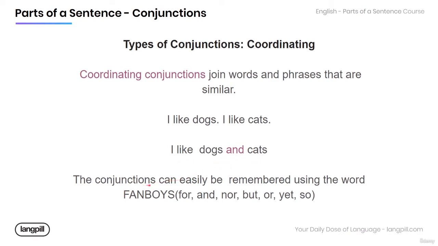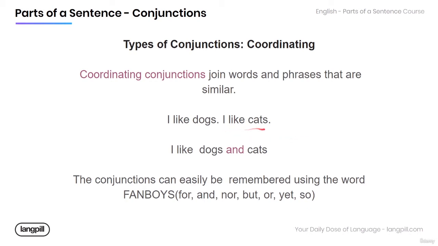And the conjunctions, we can easily remember what they are by this term here, FANBOYS, where each letter stands for one of the conjunctions. So F is for, A is for and, N is for nor, B is for but, O is for or, Y is for yet, and S is for so.